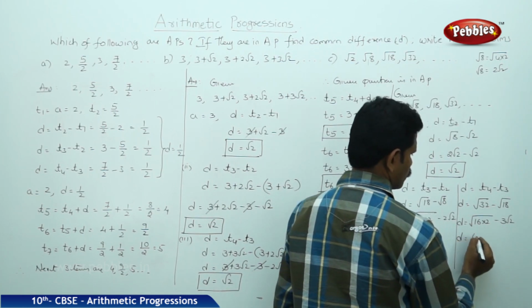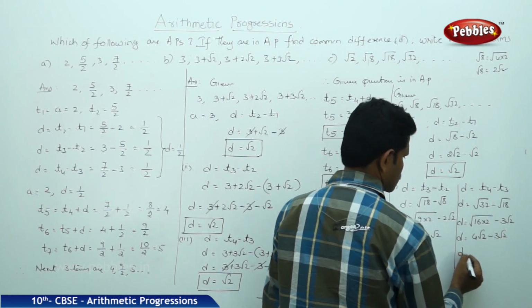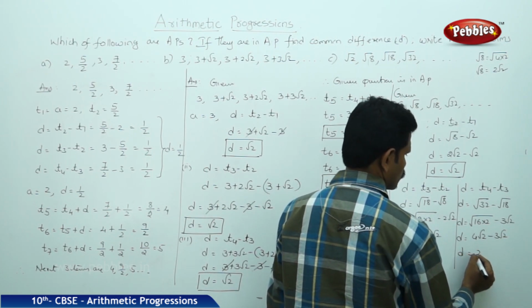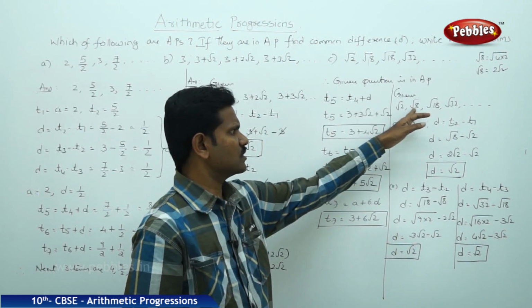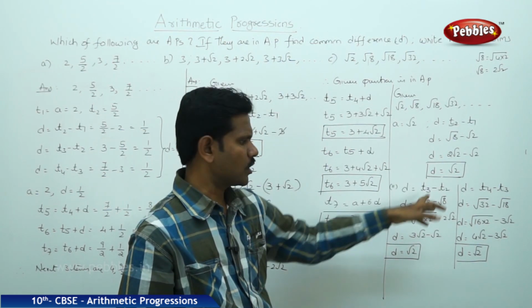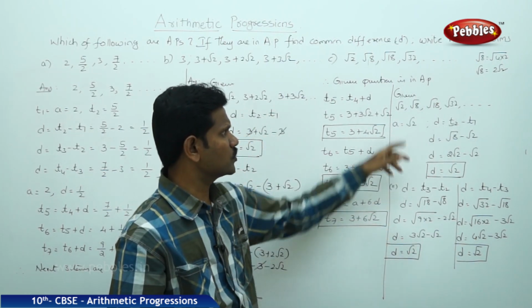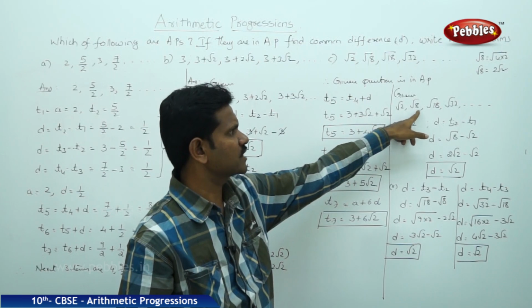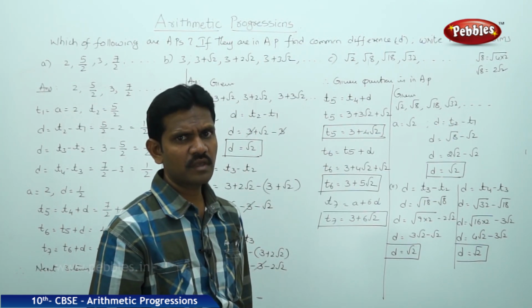D is equal to 4 root 2 minus 3 root 2, that is D is equal to root 2. In this question also it is maintaining the common difference throughout. Therefore, we can conclude that root 2, root 8, root 18, root 32 are in AP.